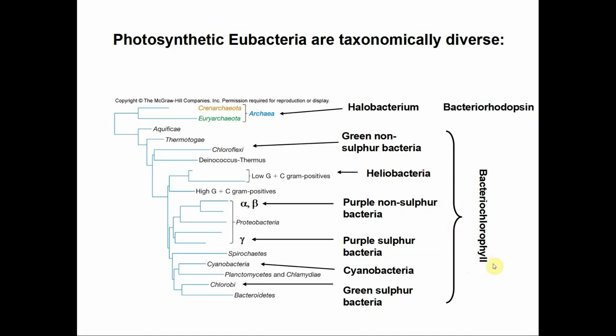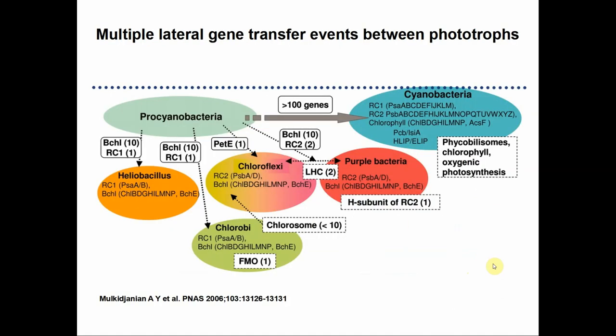Okay, so in photosynthetic eubacteria, most of the groups only use one reaction center in their photosynthesis, whereas cyanobacteria, just like chloroplasts, have both reaction centers, photosystem 1 and photosystem 2.